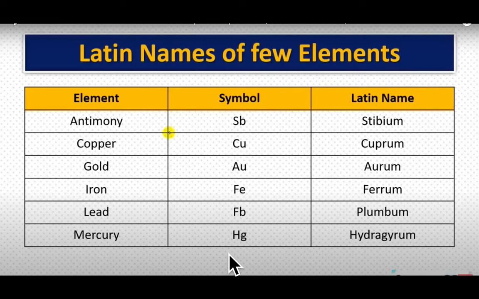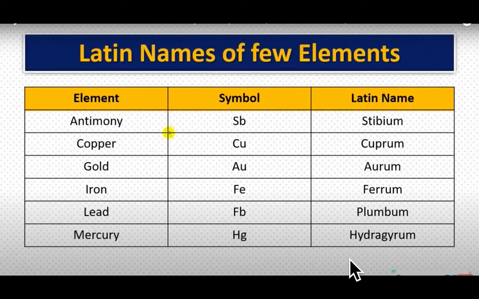Then the problem arises if the first letter of some elements is the same, then according to the Latin language, their name has been decided. For example, antimony, the symbol is Sb and the Latin name is Stibium. You have to learn these names with symbols, and the Latin names also.